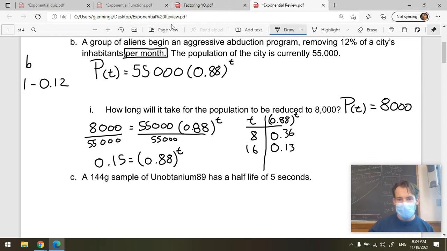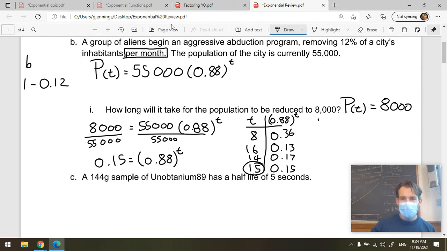I went too high. I was too aggressive. It looks like 15 is going to be our best answer. 14, so that's 0.17. And then if I multiply by another 0.88 equals, yeah, that's 15% right there. So 15 is the number. 15 gets me 0.15. This is rounding to the nearest percent, the nearest percentage of the population.